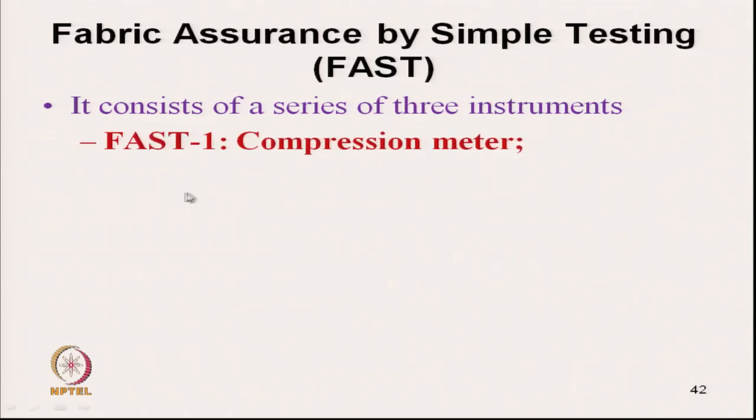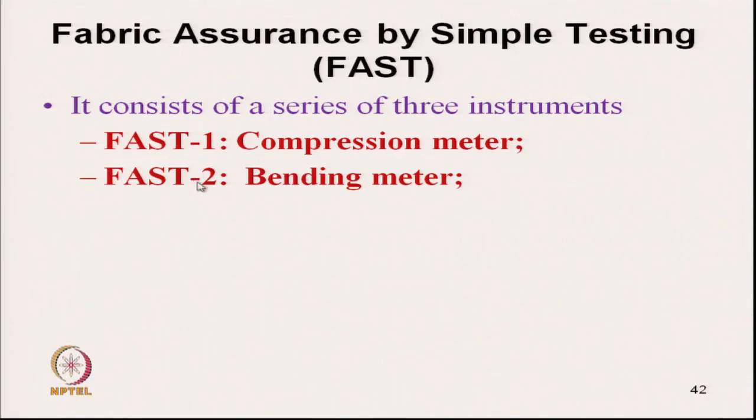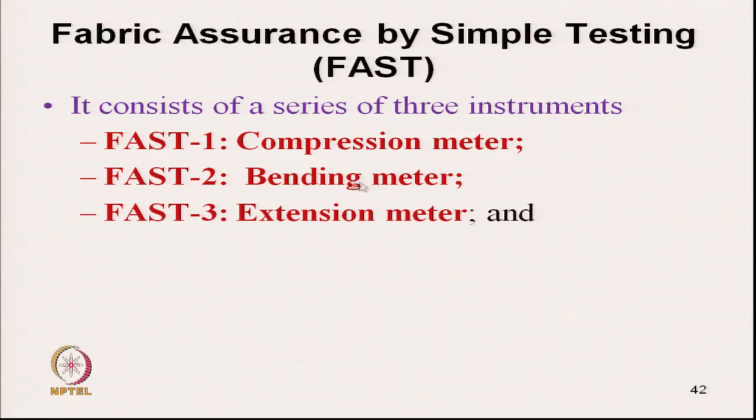The first instrument is the compression meter, which measures the compressional characteristics of fabric. The second one is the bending meter, which works on the same principle as the Shirley instrument we have explained.